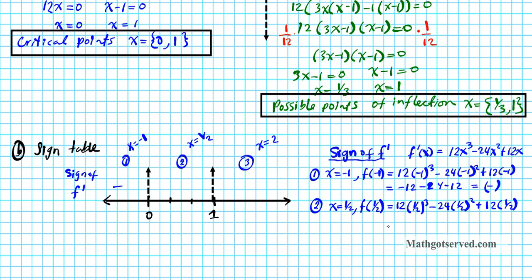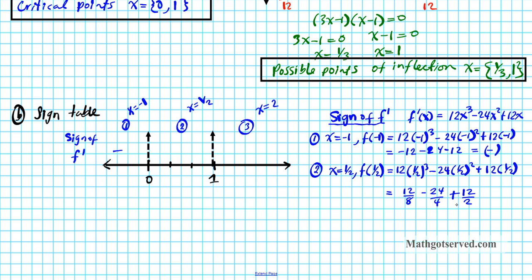All right, let's simplify this. 1/2 to the third is 1/8, so we're going to have 12 over 8 minus, 1/2 squared is 1/4, so 24 over 4. I don't want to simplify it yet. And then this one is plus 12 over 2. I'm just going to leave them as fractions, okay?